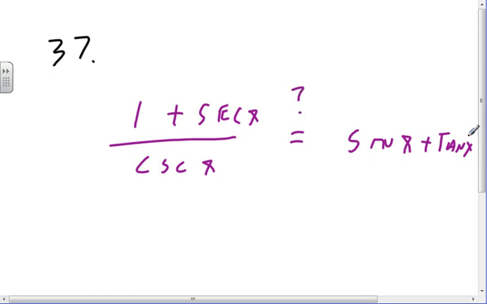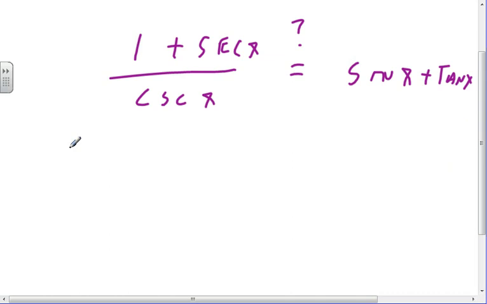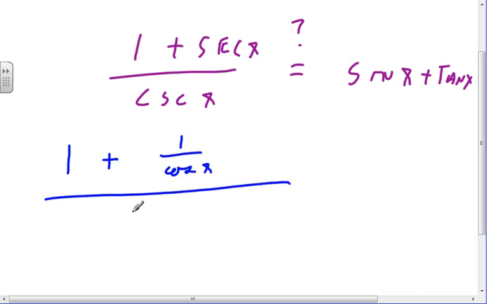All right, well, that seems reasonable. So on this side I got 1 plus 1 over cosine divided by 1 over sine. If I could spell sine, is supposed to be what's on the other side.